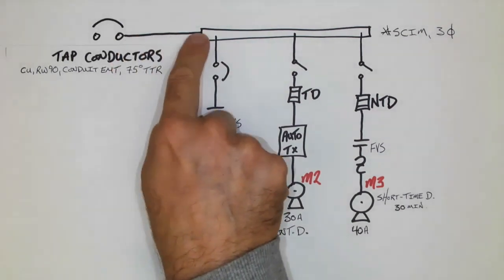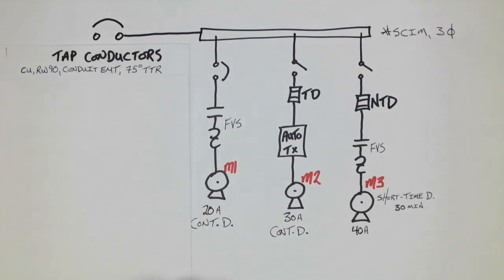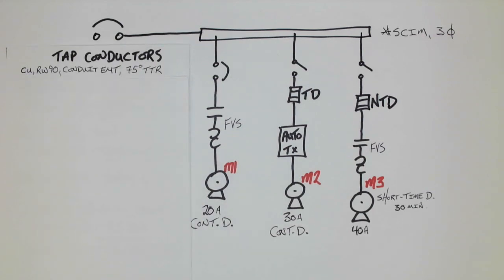So we've got a large conductor coming in here, and then smaller conductors coming out of the splitter. We're using copper RW90 in conduit, and I put in EMT here because the rule says if we're doing taps that are less than 3 meters in length, they must be housed in EMT or metal conduit.